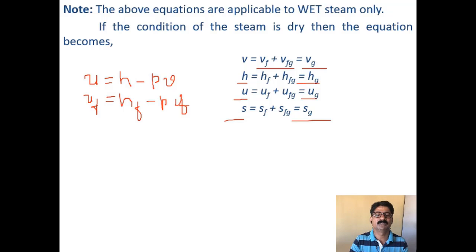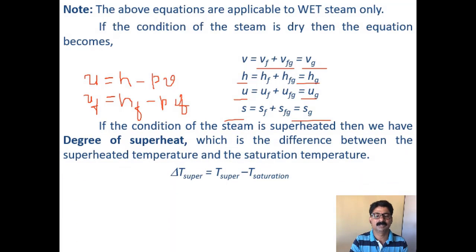Now this is about the dry steam. Suppose the steam is superheated, then the quality of the superheated steam is indicated by the term called degree of superheat, which indicates how far above the saturation temperature the temperature is. For example, at atmospheric pressure, the boiling point of water is 100 degrees Celsius, that is, the saturation temperature is 100 degrees Celsius.